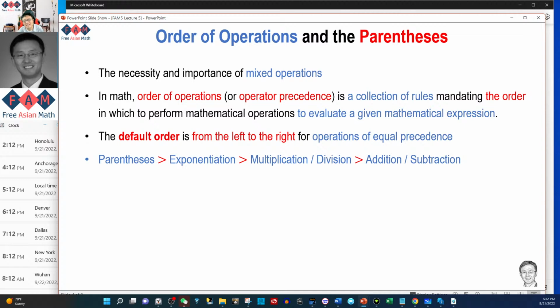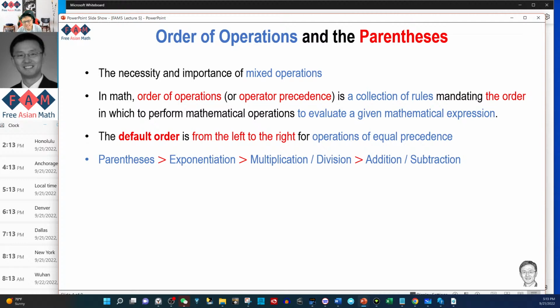And remember, this is nothing but an agreement. We can say addition and subtraction have higher precedence over multiplication and division, and then our whole world will be different in terms of how you evaluate a mathematical expression.